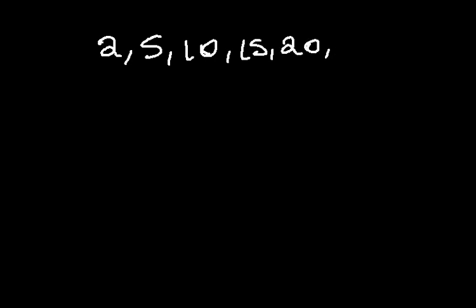Mind you, if we're saying ungrouped data, it means the data which is not in groups. Also try this on your own time. Let's say we have the data values 8, 2, 5, 10, 15, 20, 50.